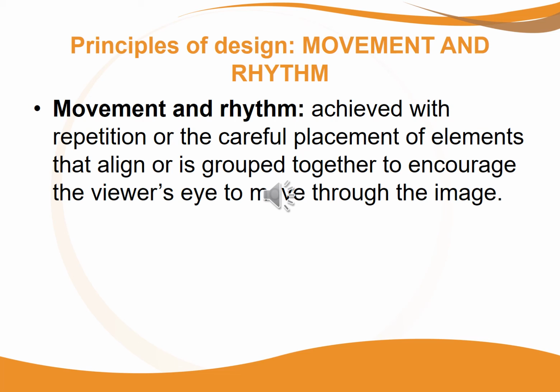There are three primary types of rhythm: regular, flowing, and progressive rhythm. Regular rhythm occurs when the intervals between elements are predictable, or the elements themselves are similar in size and length. Placing repeating elements at regular intervals would be an example.